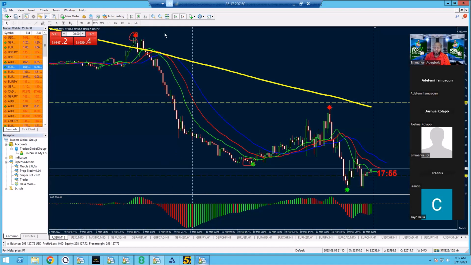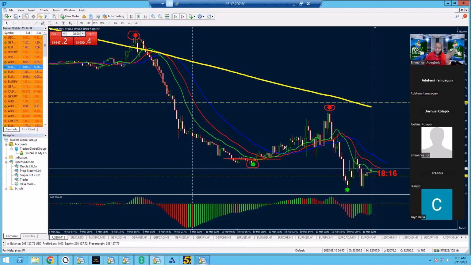We have this right here. The red one is here. The moment I see this red one, what I'm expecting is the green one, which I see right here. And the moment I see this green and the market crosses the green up, what I'm expecting again is the red.